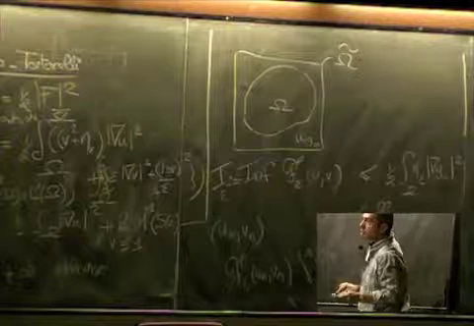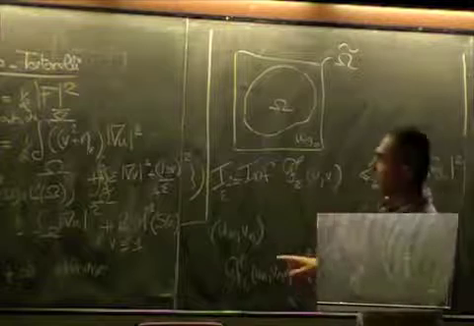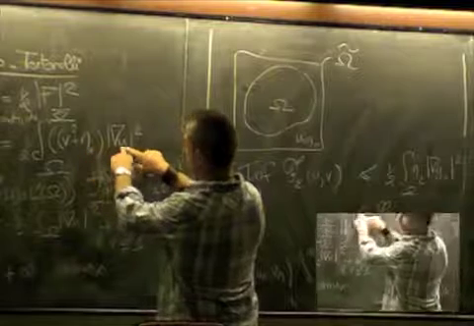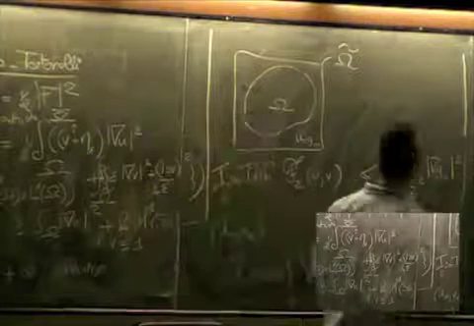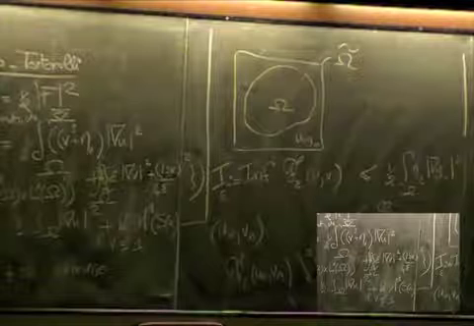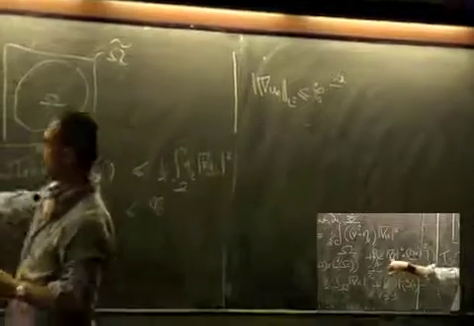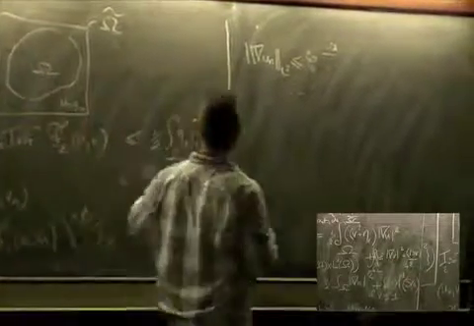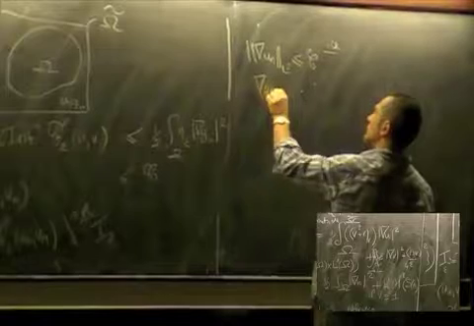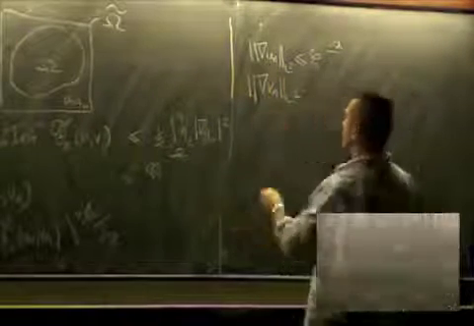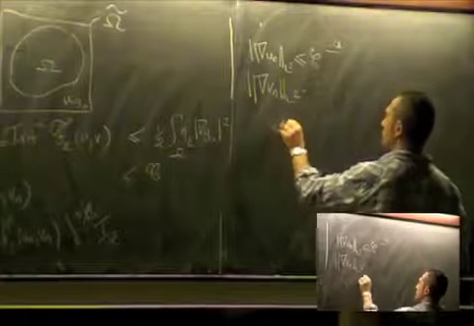So obviously, because of this term, grad U_n is bounded in L2. And because of this, grad V_n is bounded in L2. And on top of that, I noted that I might as well take V_n between 0 and 1.